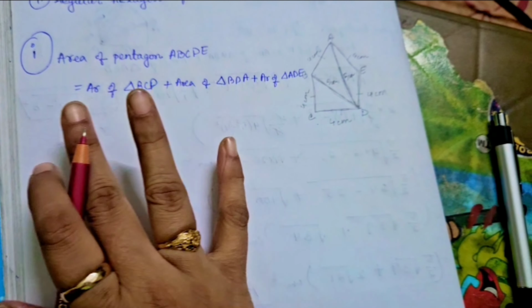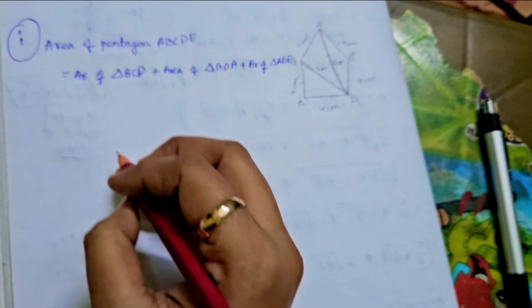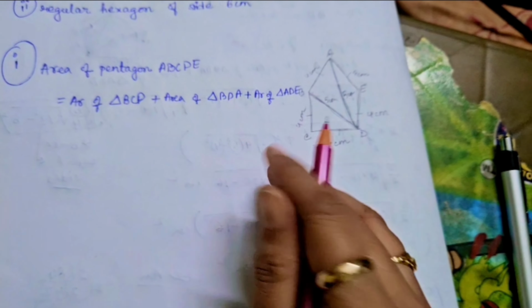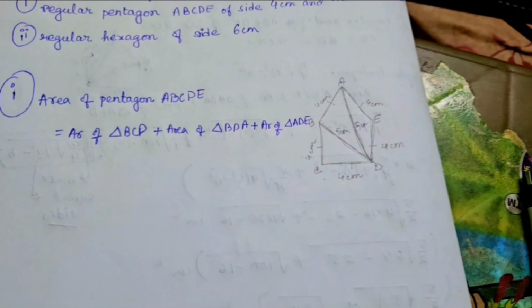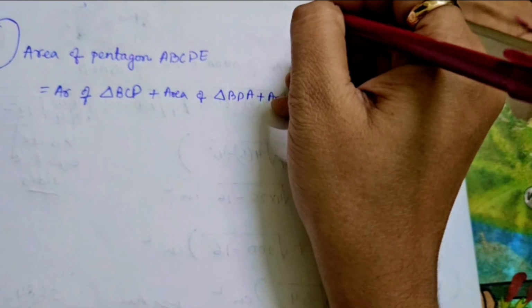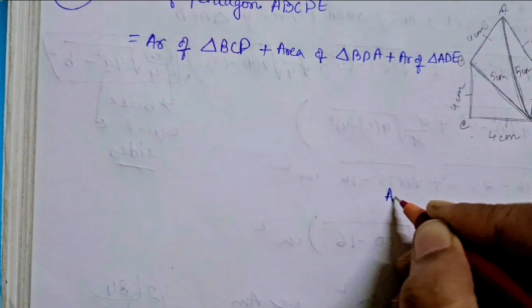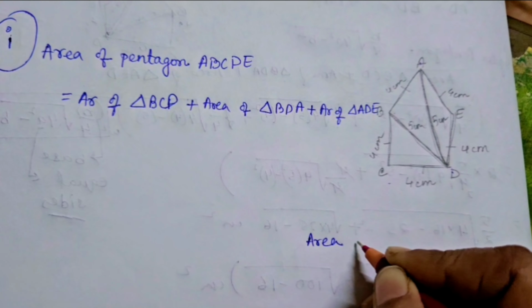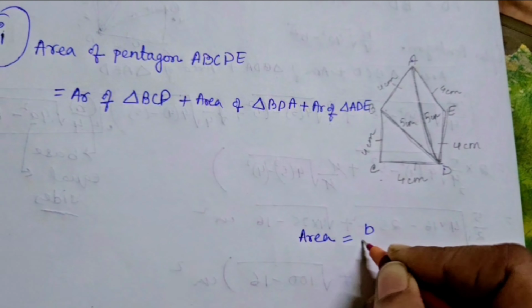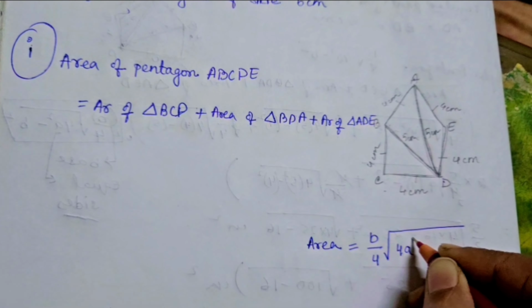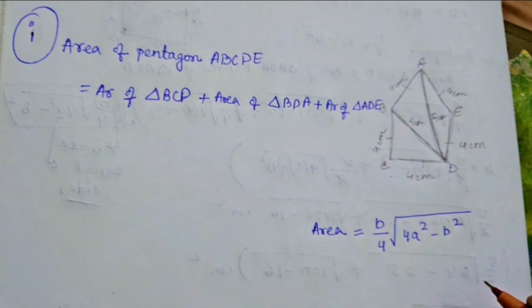The formula that we are going to use to find the area of an isosceles triangle is this. We can write the formula as area equals b by 4 root of 4a square minus b square.